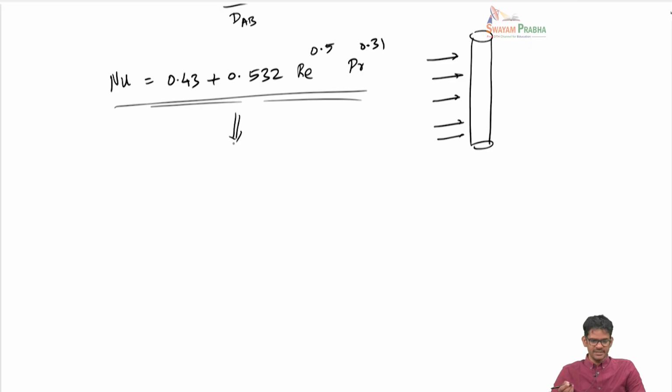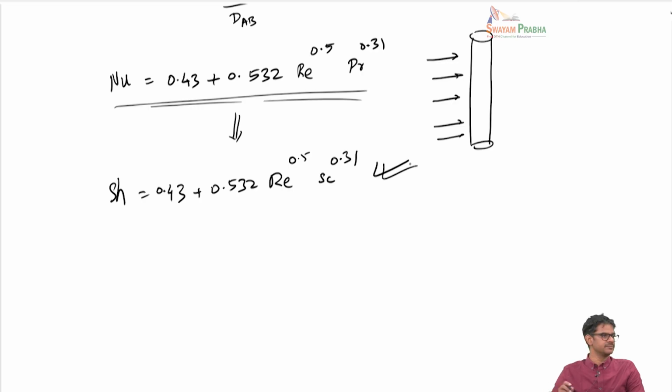The way you do that is you replace the Nusselt number with Sherwood number, keeping all the coefficients the same. Instead of Prandtl number, you use Schmidt number. This works just fine because we have written the heat transfer rate and mass transfer rate analogically, with a different driving force. Otherwise, the form of the equations is the same.